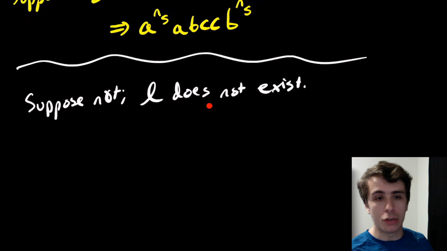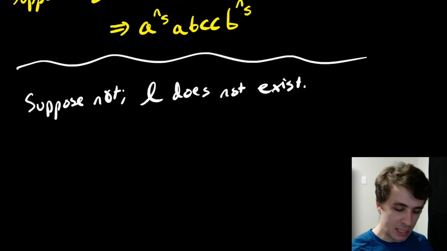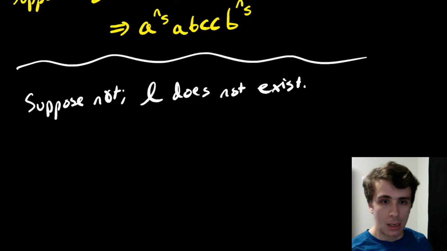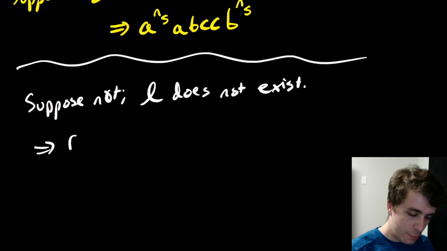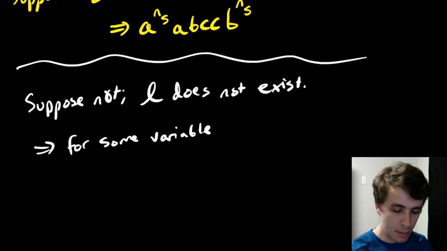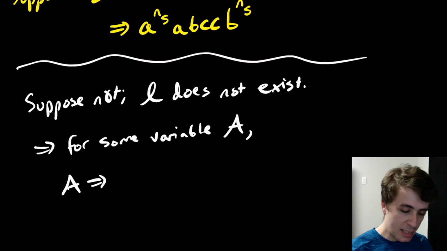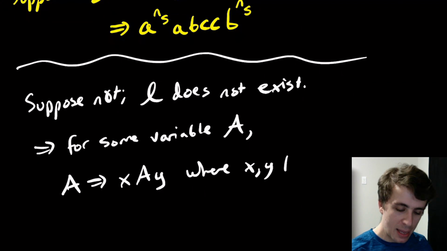So how do we actually use this to our benefit? We must be able to generate a lot of b's from this, because if the upper limit doesn't exist, then I can just make a lot of b's without ever stopping. So what can we actually do here? Then that means that for some, maybe not all, but at least some variable, let's call it A, we have that A will generate xAy, where x and y have at least one occurrence of a b.